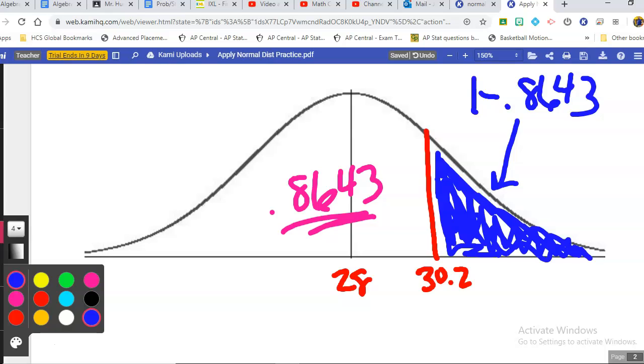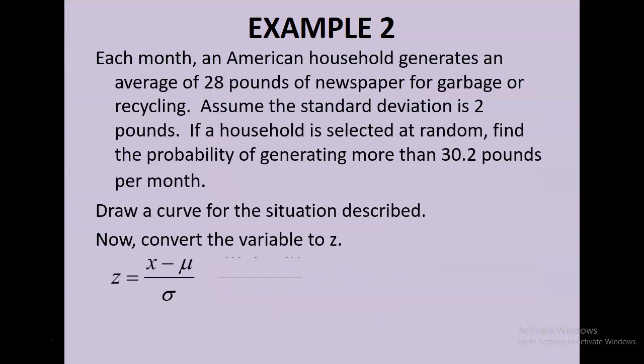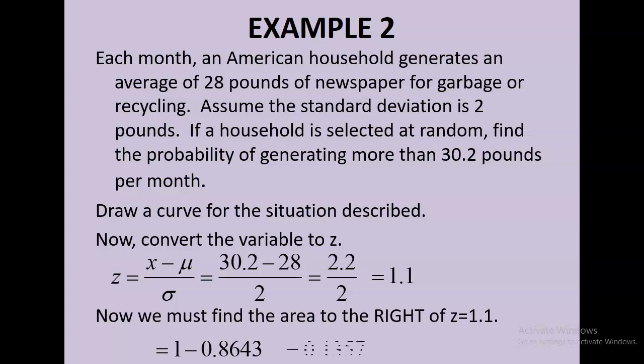So that is where we get our answer. We end up with 0.1357. So this 0.1357 is basically saying that 13.57% of households are going to generate more than 30.2 pounds per month, according to this problem.